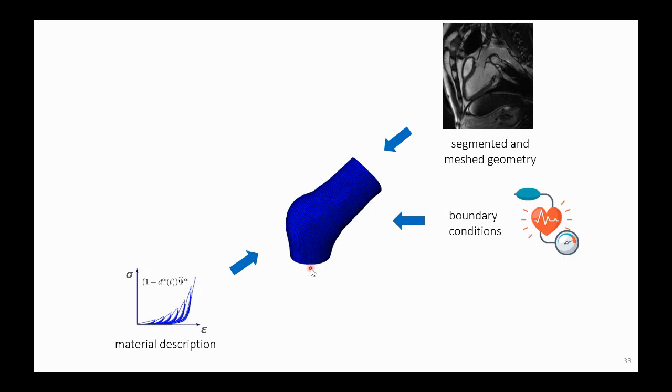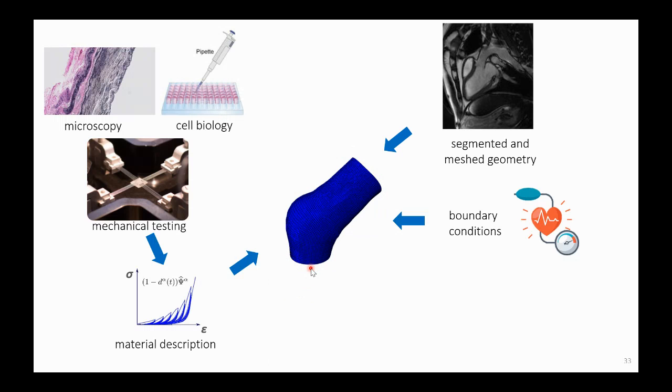A material description, which, well, we will talk about in quite some detail, because in that material description, we want not only to put information that we got directly from the mechanical tests, but also information from the histology and cellular biological function. So what kind of gene expression is going on in these tissues as they are forced to now adapt to this new mechanical environment?